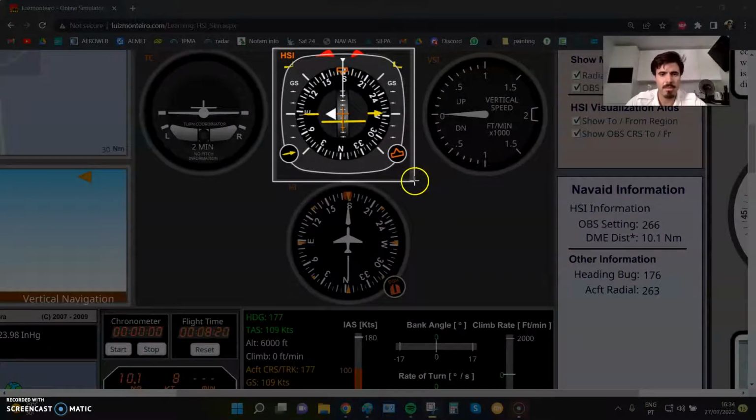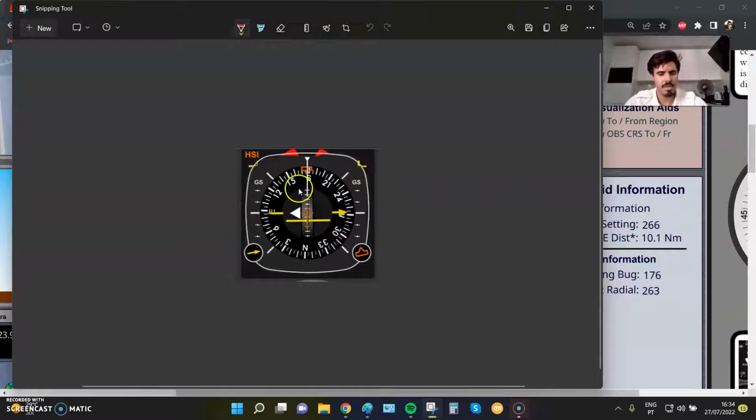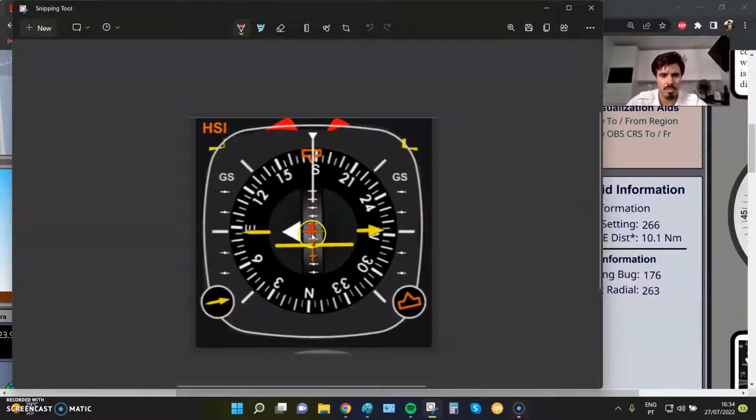Where am I? Easy. I am here. Now what do I have to do? I need to choose the radial 10 degrees ahead of me and follow it at a 90-degree angle of interception.